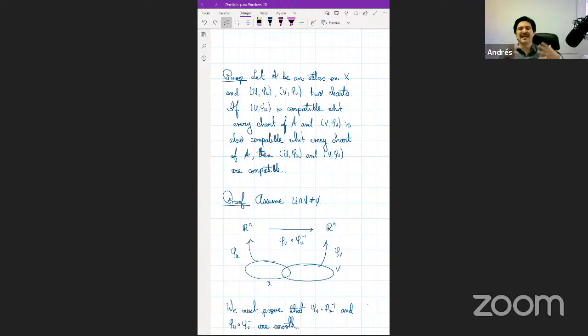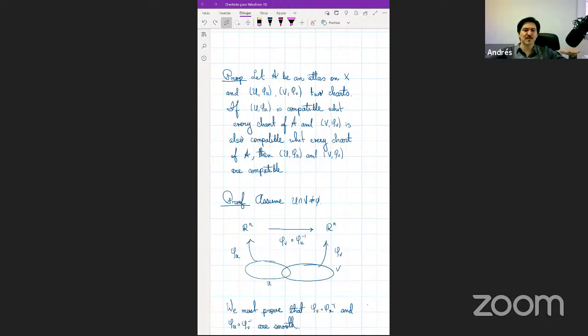Piénsenlo en la idea de que, por decir, son U's pequeñitos que no tenían antes. Por su experiencia, en ocasiones requieren vecindades más pequeñas. Entonces, la idea es nada más la compatibilidad, porque ya estamos cubriendo a toda la variedad. Es un atlas, ya lo cubre.